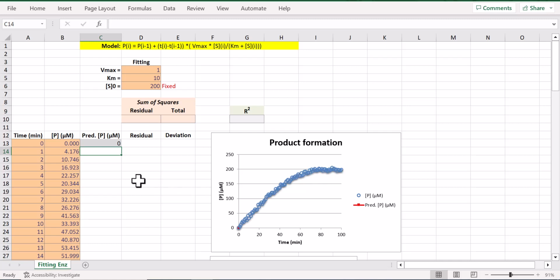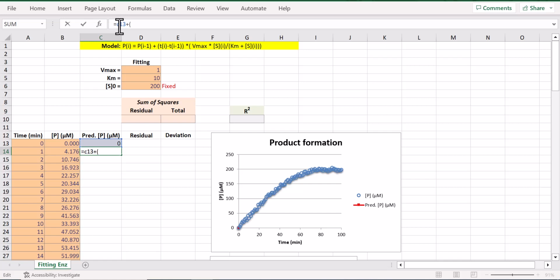So the formula at the heart of this modeling would start with the concentration at the last time interval, so C13, plus the time interval times the instantaneous rate.